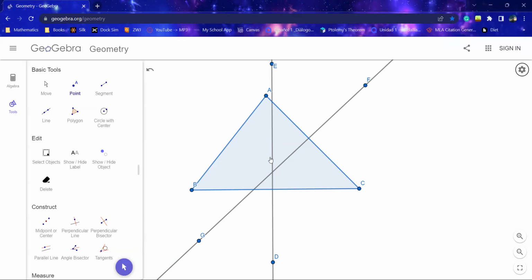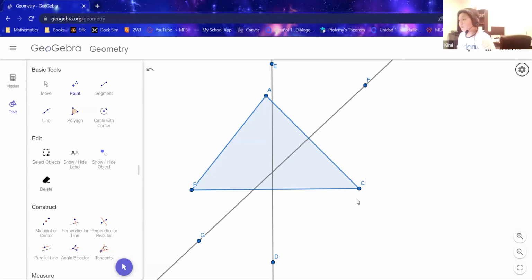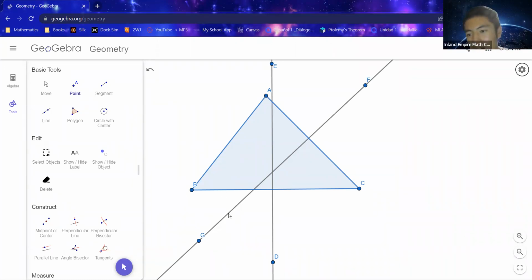The circumcenter is the intersection of the perpendicular bisectors of a triangle. For example, the bisector of AC, the bisector of line BC, the bisector of line AB. Right now, we're trying to prove that they intersect at a single point.